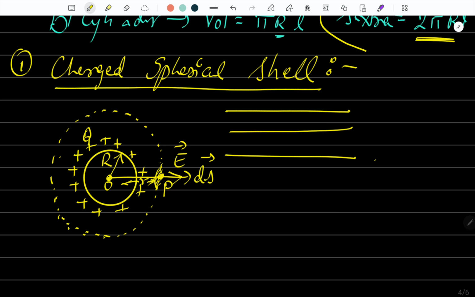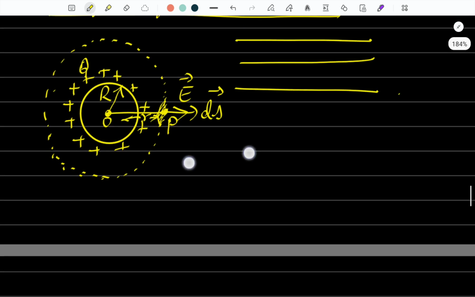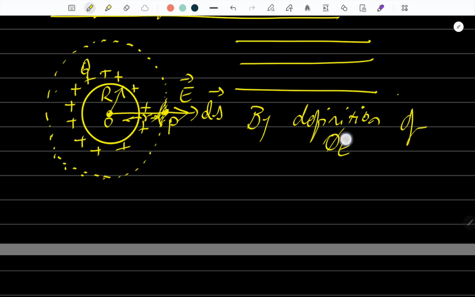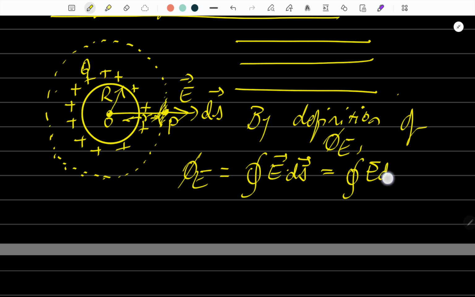Once you have written the figure and the initial explanation, we can go to the figure I had given you at the start of this video. We need to know two things. We start from the definition of electric flux: flux is equal to the cyclic integral of E dot ds, which is equal to the cyclic integral of E ds cos theta.